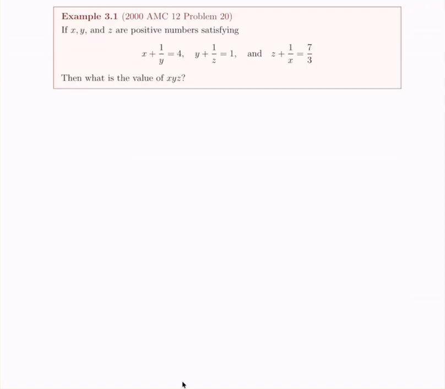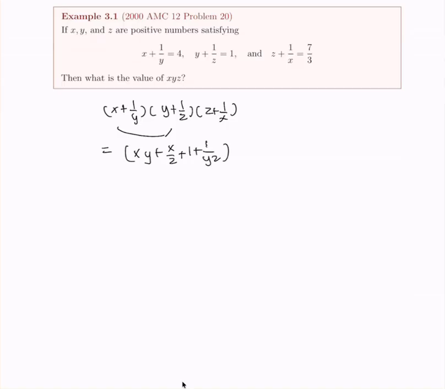Notice that if we multiply all of these, we have x plus 1 over y times y plus 1 over z times z plus 1 over x. Then when we expand the first two, gives us xy plus x over z plus 1 plus 1 over yz.